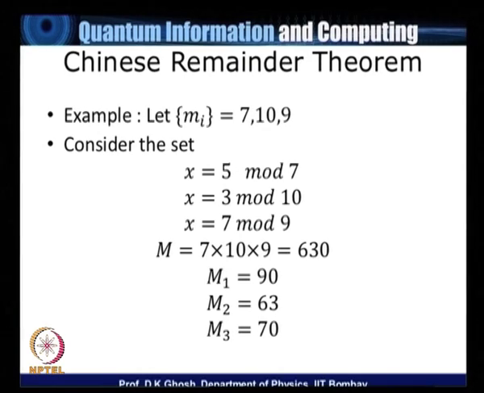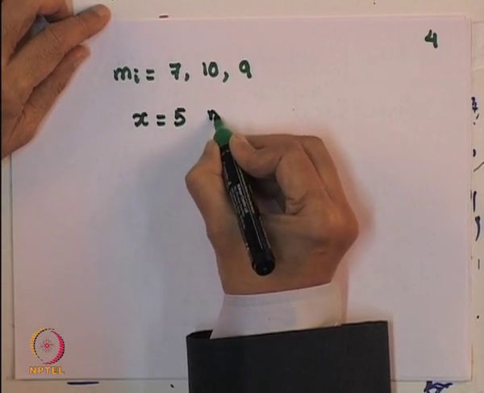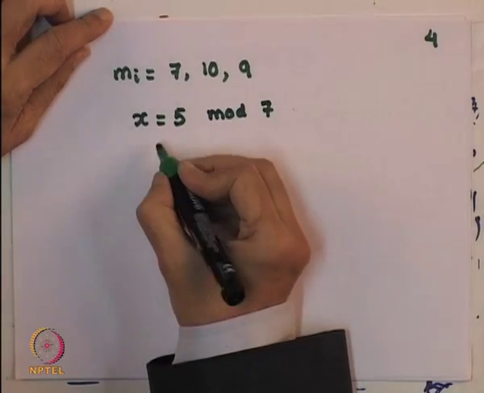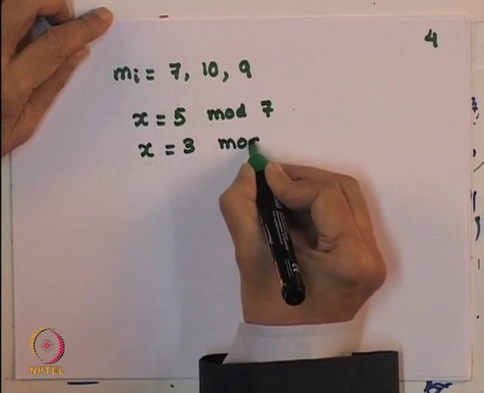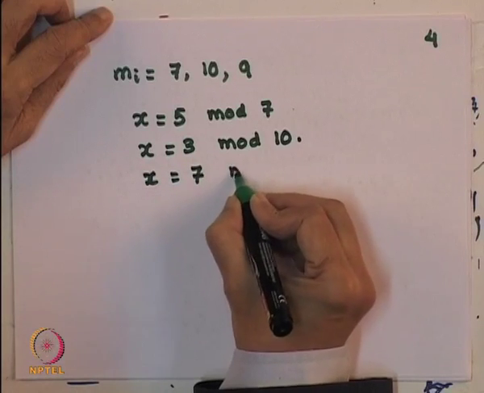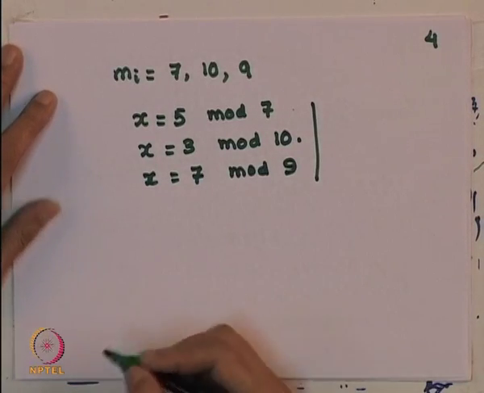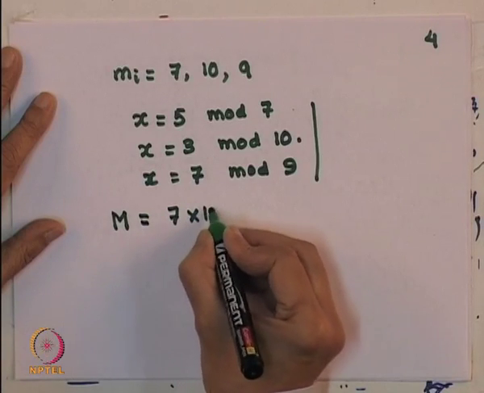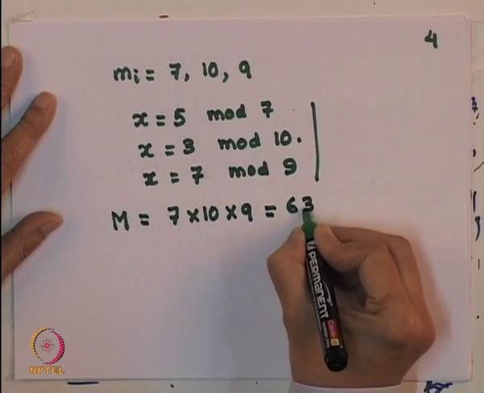Supposing I am looking at x equal to 5 mod 7, x equal to 3 mod 10 and x equal to 7 mod 9. These are the three equations I am looking for. Now my capital M becomes 7 into 10 into 9. Now multiply this with the calculator, 630.